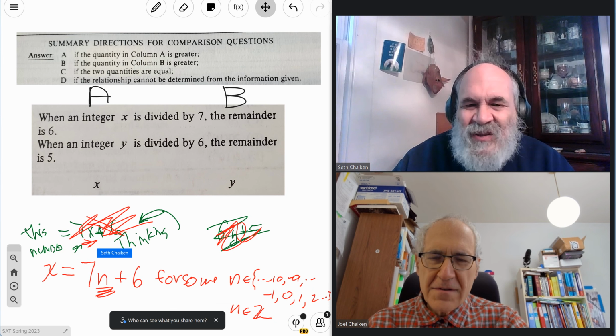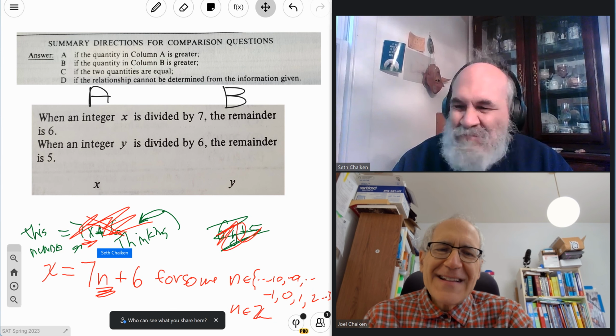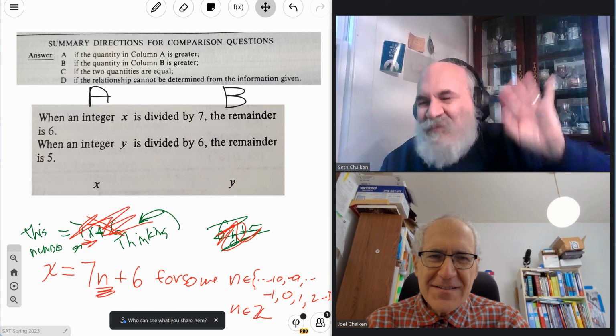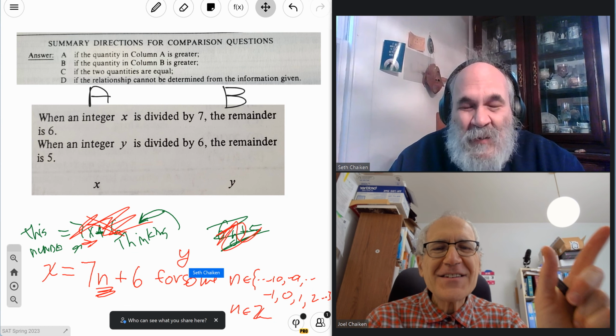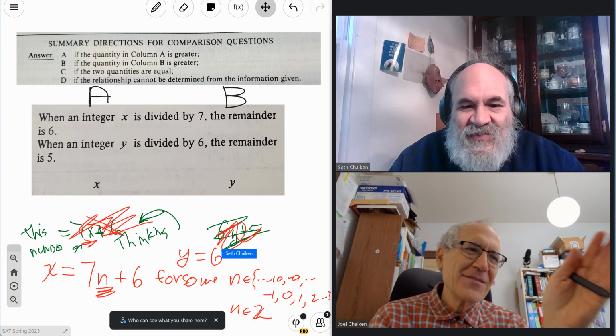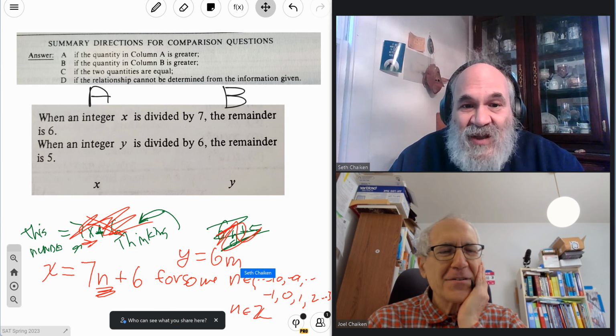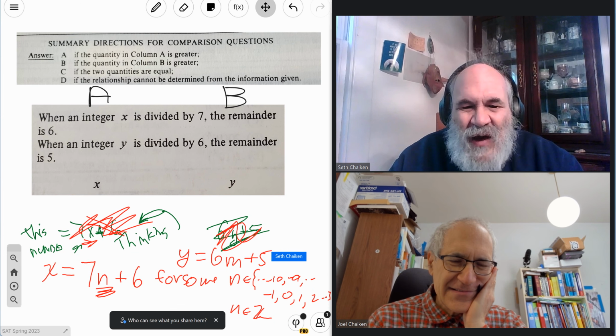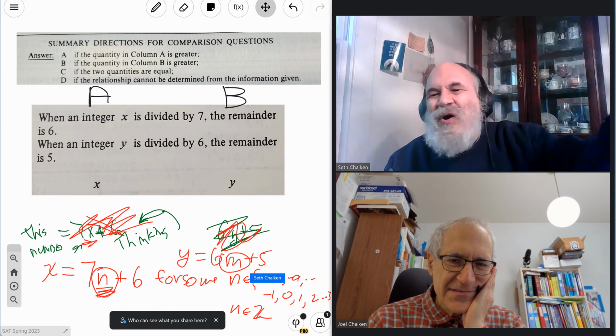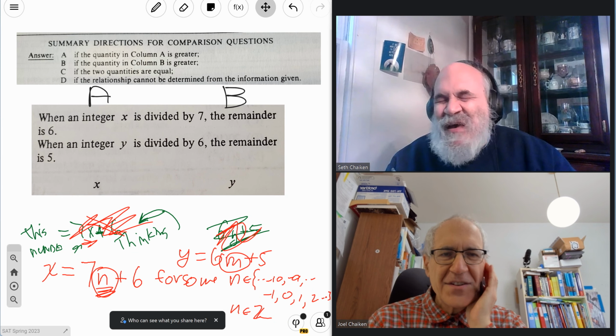You put the x there, and that's wrong. Don't write false things. And then similarly, y equals 7 times another integer, m, plus 5. And now n and m can range over all the integers, so they can be anything.